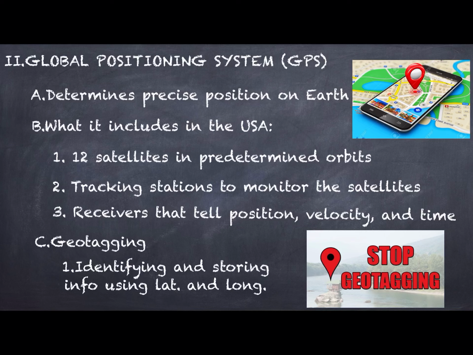Hence, my little image there, stop geotagging. The reason why it's so controversial is because on our cell phones and on our devices, we have a GPS tracking device. There's a real debate that has gone on around the world forever since we've had GPS, about whether we should have the GPS location service turned on or turned off.